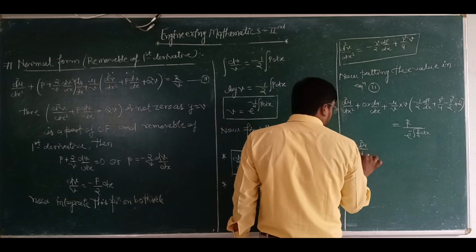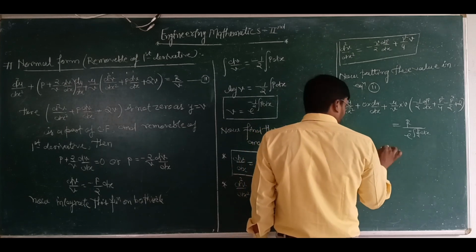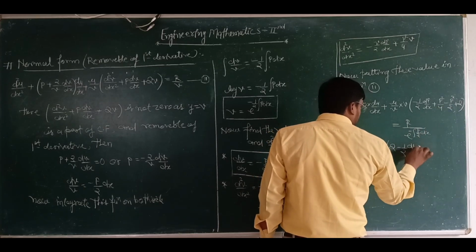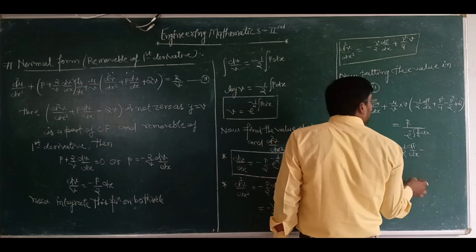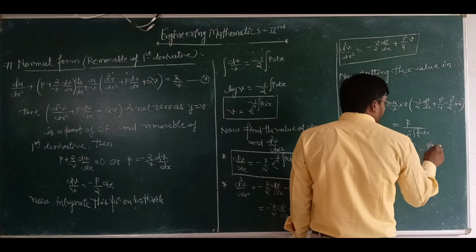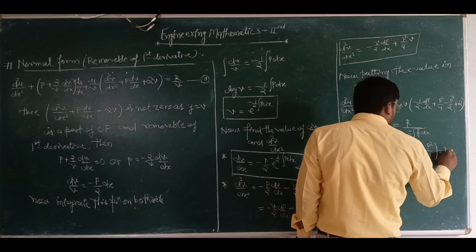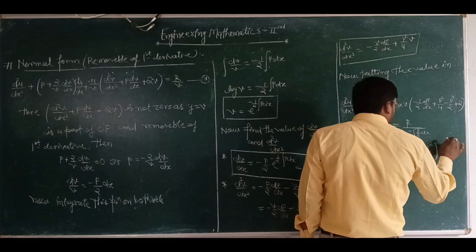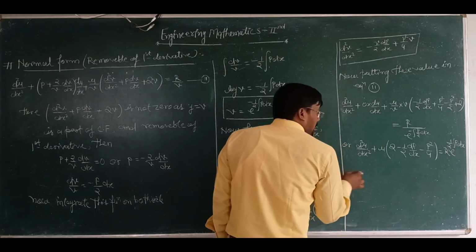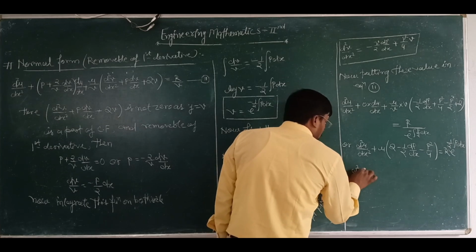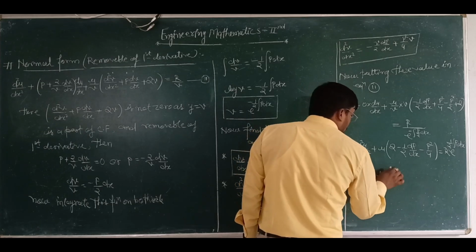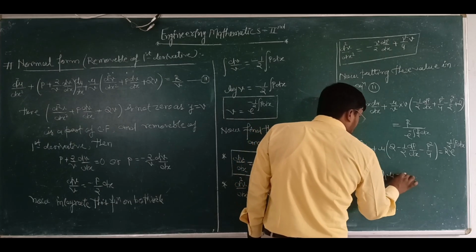d2u of dx2 plus u, you can write q minus 1 by 2 dp of dx minus p square by 4 is equal to r e to the power integration 1 by 2 p into dx, or you can simply write d2u of dx2 plus q1u is equal to r1.